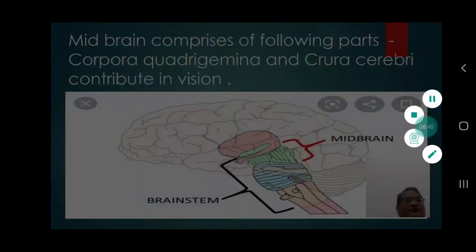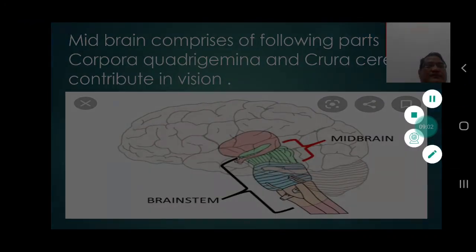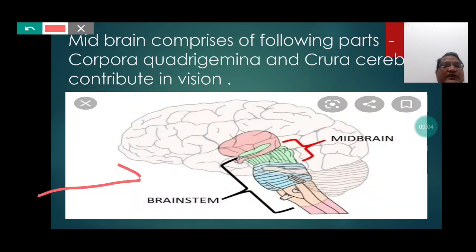So students, here if you concentrate, then you will be able to understand that midbrain is mainly made up of two important parts, that is corpora quadrigemina and crura cerebri, and the main function of which is in vision. So students, if we concentrate on this picture, then we will be able to locate quite easily the midbrain, which is here students.